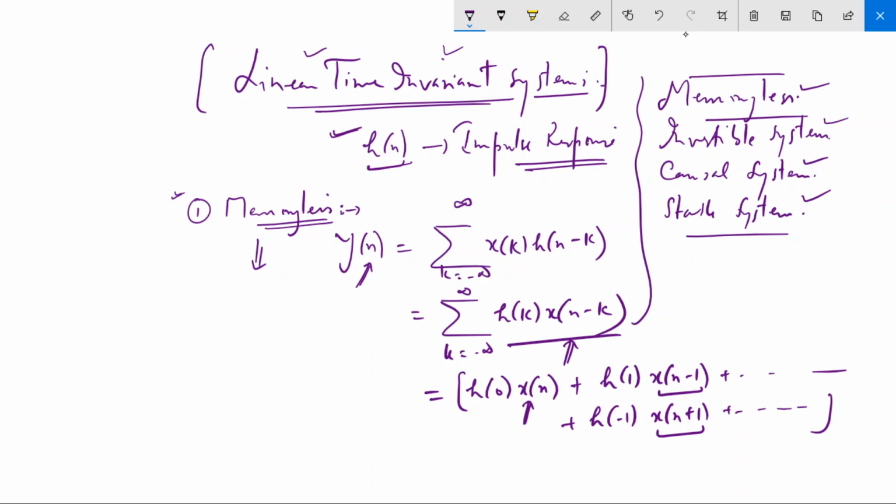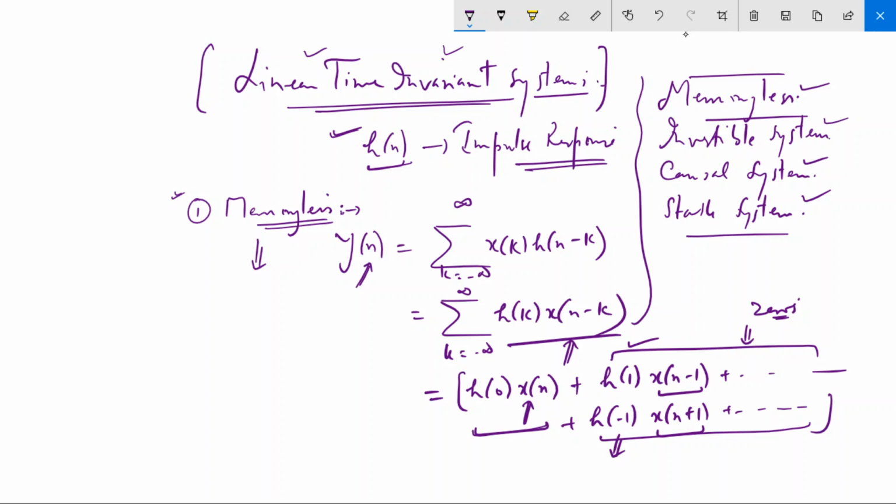So if the system is memoryless, it means all these terms must be set to 0. It should only depend upon x[n]. It means only this term should be present in this equation. So for all these terms to be 0, your h[1], h[2], h[-1], h[-2], everything should be 0.